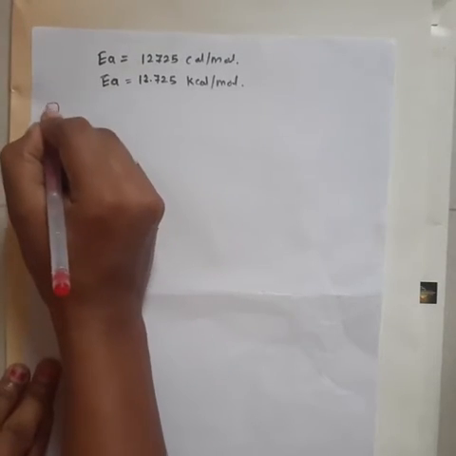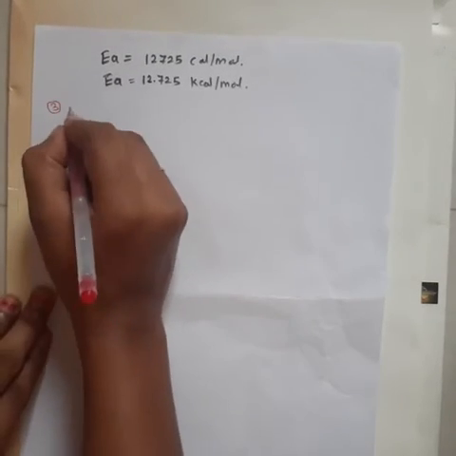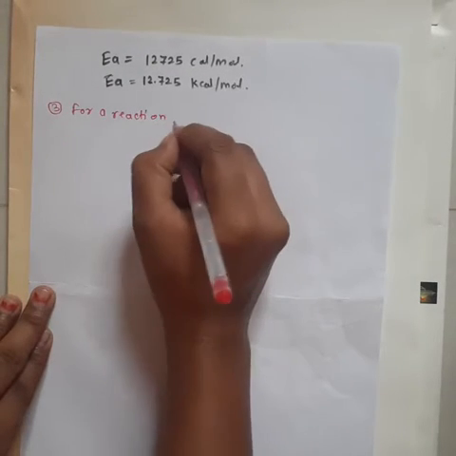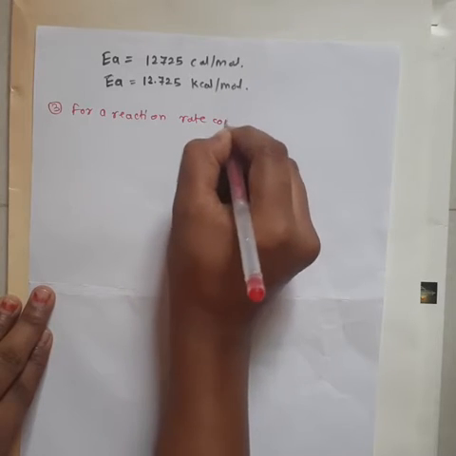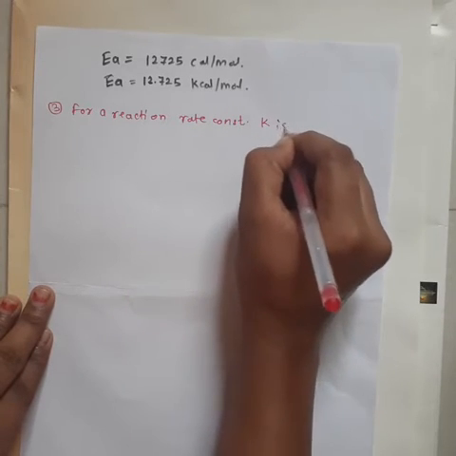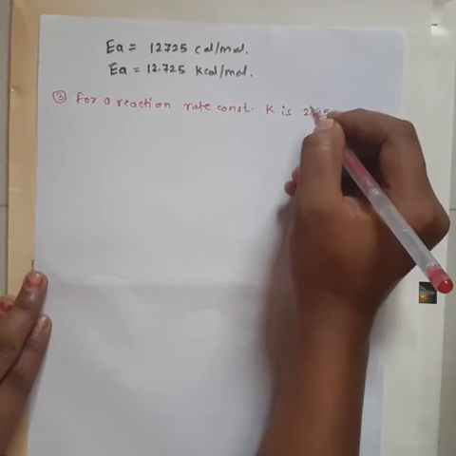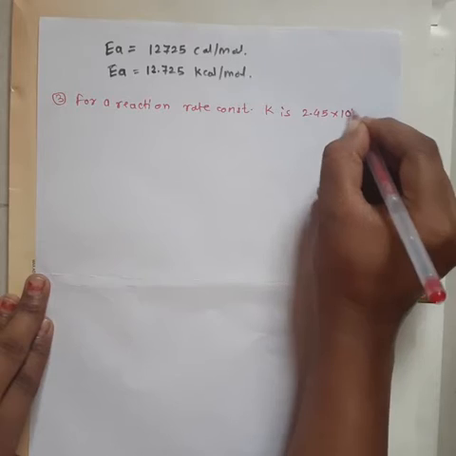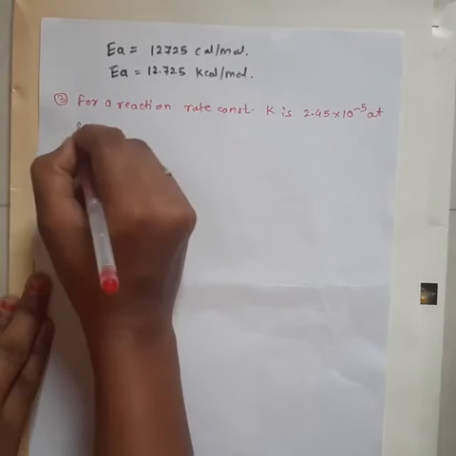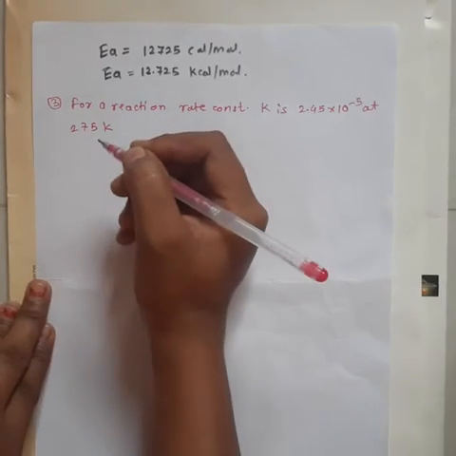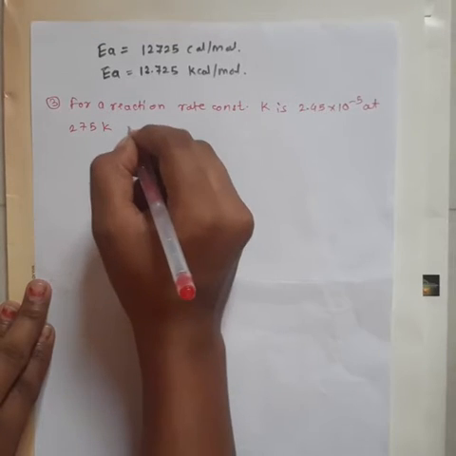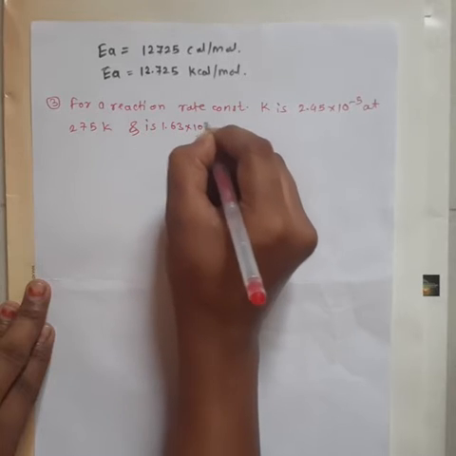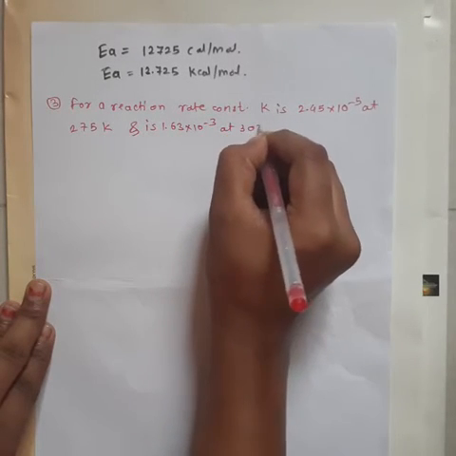So next problem is for a reaction, rate constant K is 2.45 into 10 raised to minus 5 at 275 Kelvin, and it's 1.63 into 10 raised to minus 3 at 303 Kelvin.